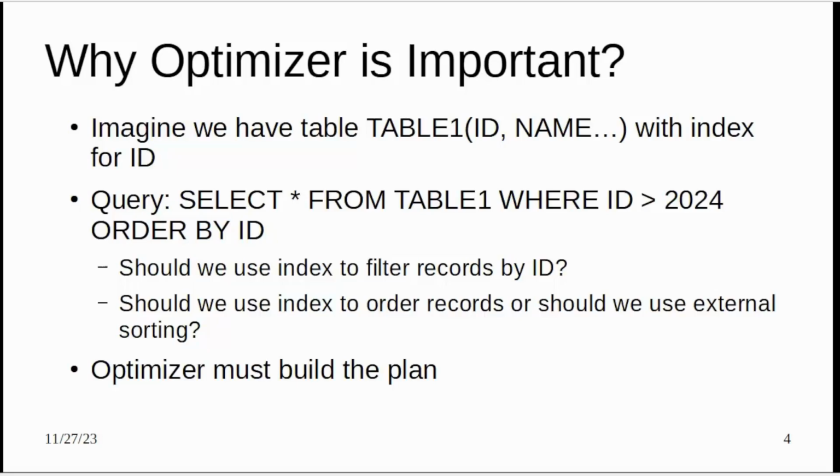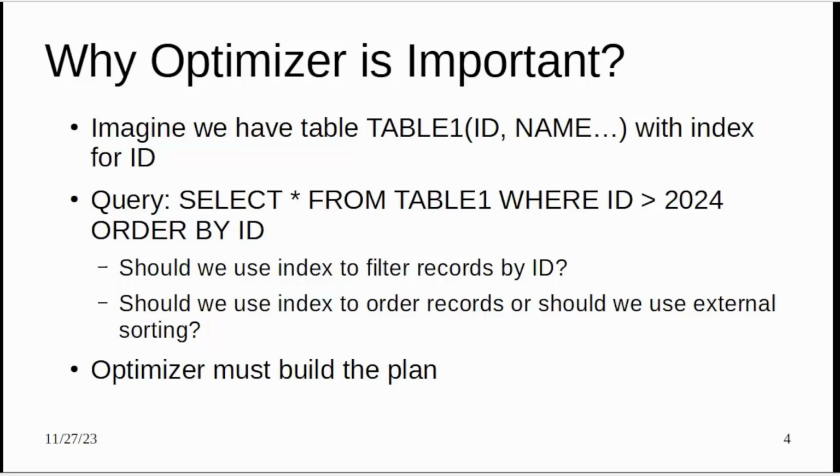Should we use the index to filter records by ID or not? For example, if this table is really small, using the index is not a good idea. It will be slightly slower than natural reads. Should we use the index to order records or should we use external sorting? The answer also depends on the goal of this query.